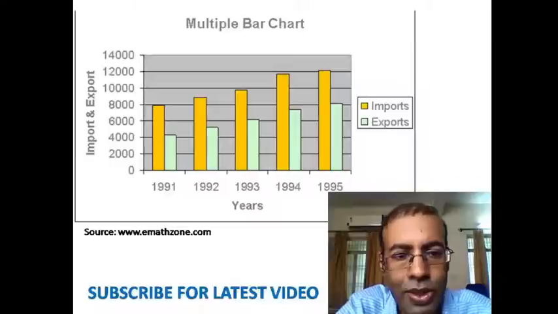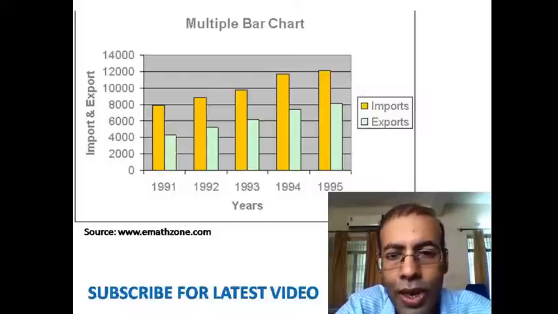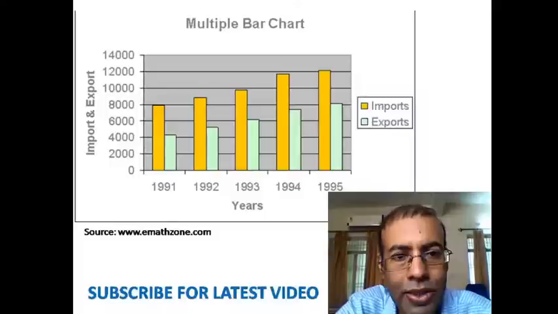Year-wise, in 1991 there are two bars, one for import, another for export. Import was colored yellow and export was colored light green.